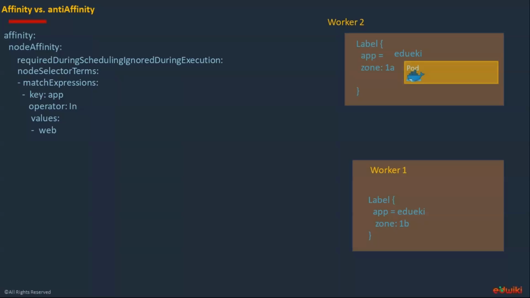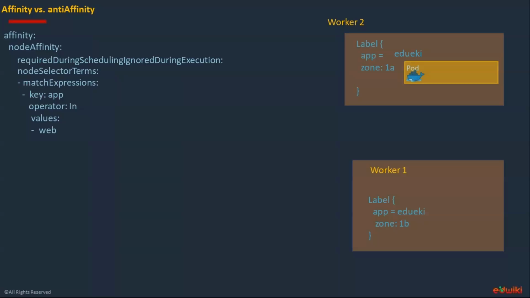The node affinity, if you see the condition that I have given, required during scheduling, means that initially, when I'm trying to schedule a pod, the worker node must have a label called app colon web. But once it is deployed and running, later, if you change the labeling for any reason, don't care about it.